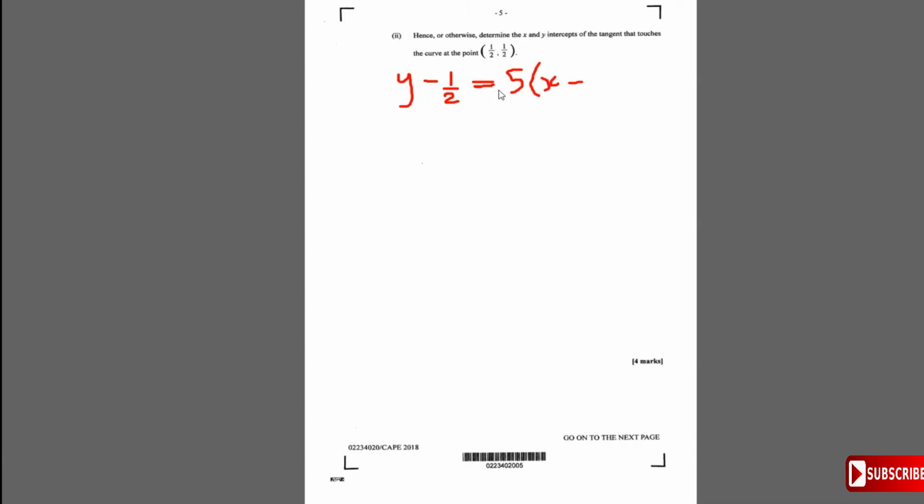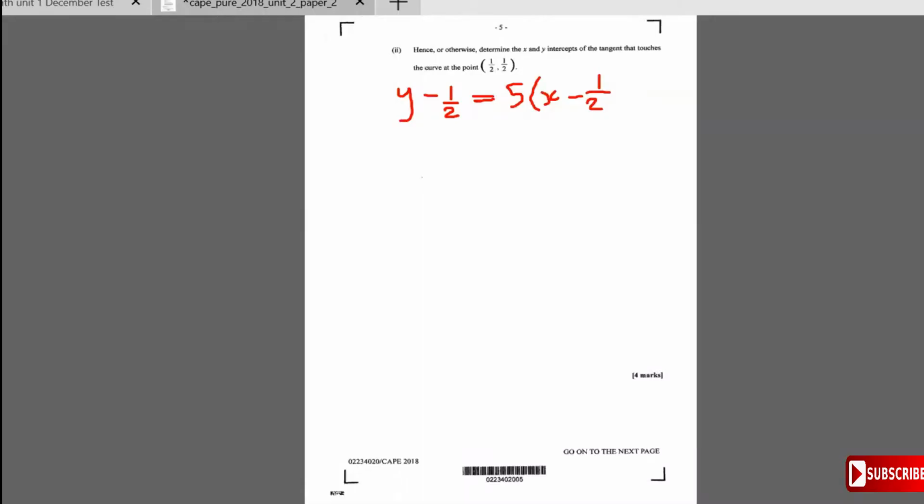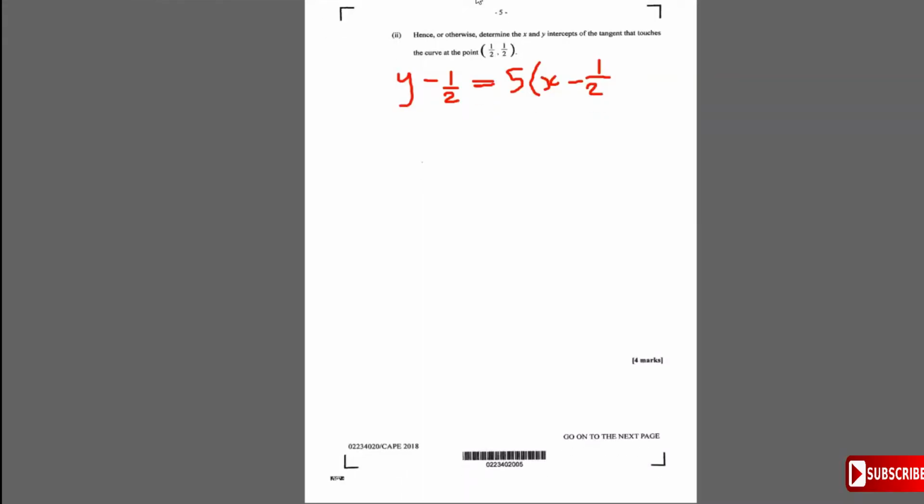All right, so let me see. This is the equation of the tangent, so I'm going to rewrite this now as y is equal to 5x.